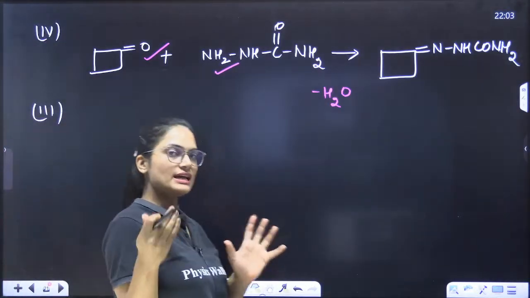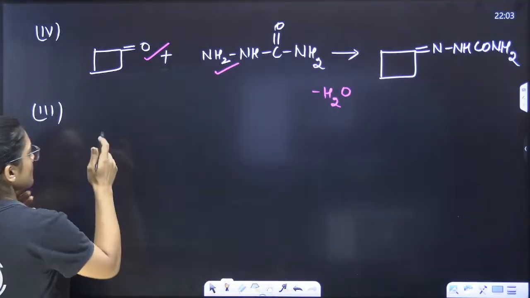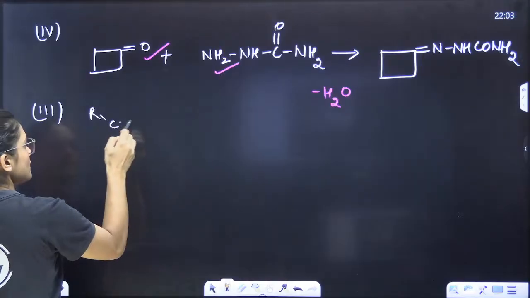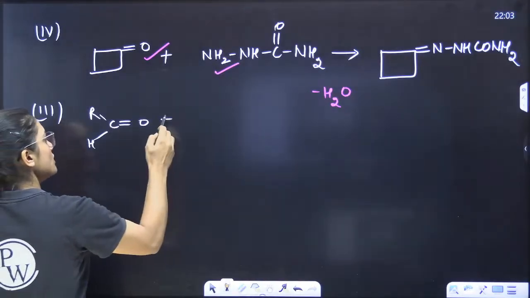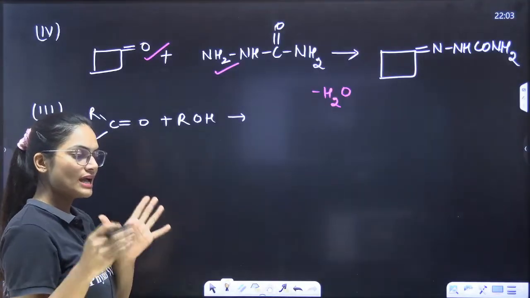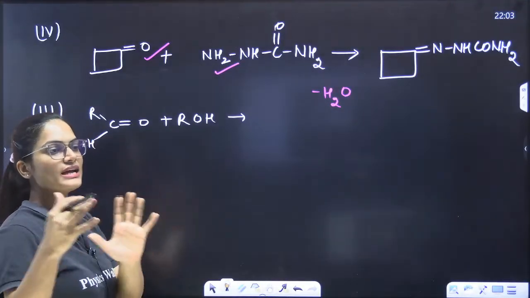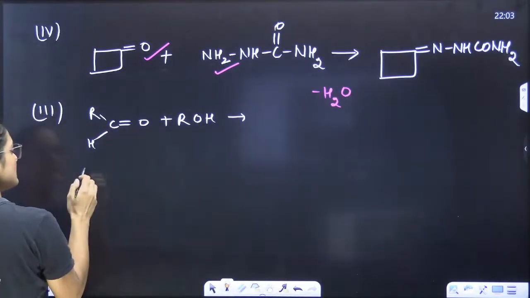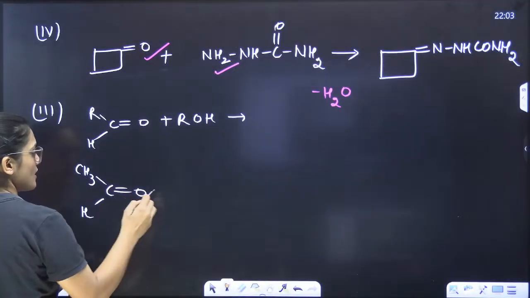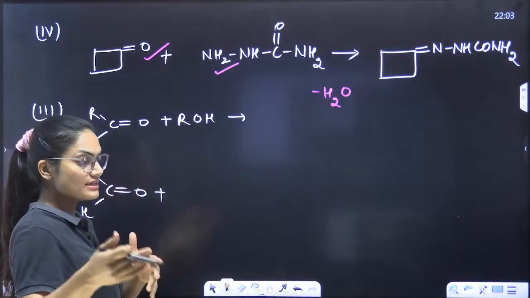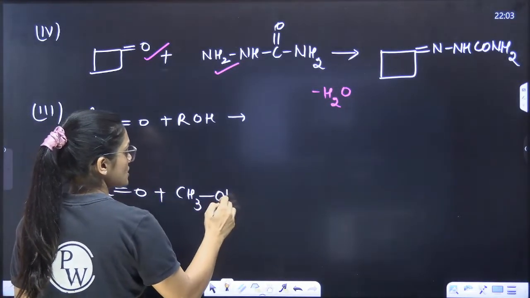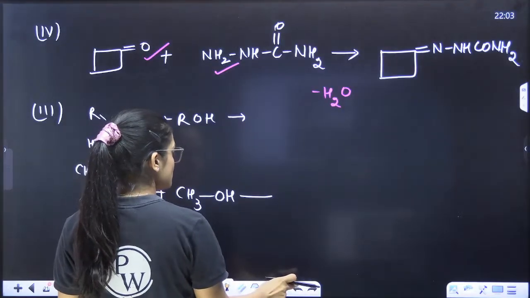See, this acetal we get when we carry out the reaction of aldehyde with alcohol. And here in the question they are saying that you have to get acetaldehyde dimethyl acetal. That means you have to take the aldehyde as acetaldehyde, which is CH3CHO. And you want to get dimethyl acetal, that means you have to take the R group as methyl, ROH. The reaction is carried out in the presence of dry HCl.